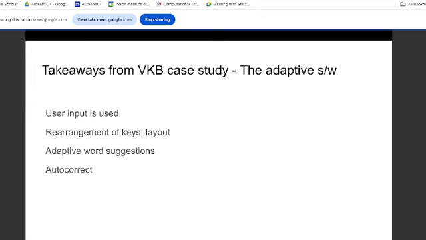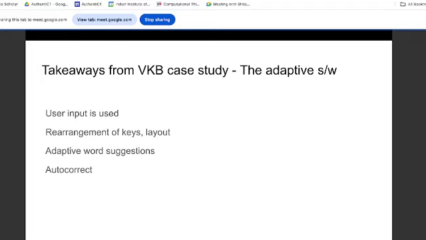Okay, so there's one more takeaway from this VKB study. If the VKB, or the virtual keyboard, is an adaptive software, so what happens is, initially it was a non-adaptive software, so depending upon the user's actions, it won't go on changing.